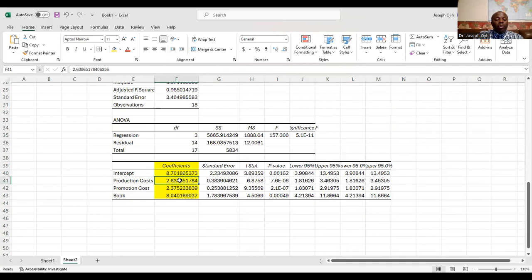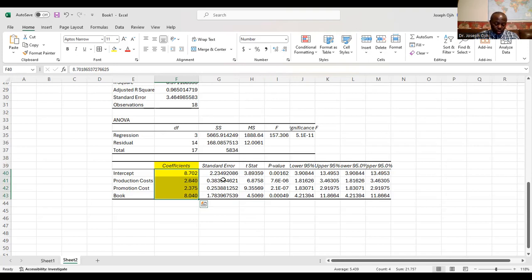This one represents the production cost, promotion cost, and whether the film is based on a book or not. I'm going to make them 3 decimal places; you can use the number of decimal places that the assignment stipulates. So I'm going to write them down, and we can get our regression equation.